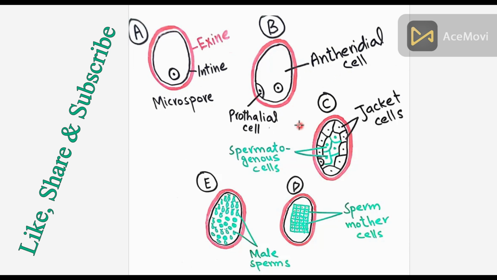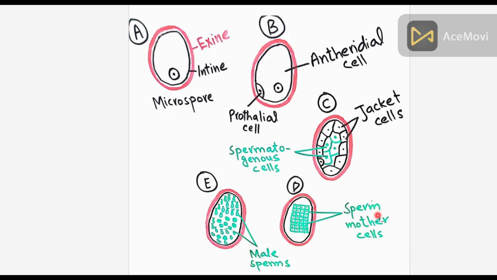The antheridial cell undergoes further divisions and produces 8 jacket cells and 4 primary spermatogenous cells, which undergo 6 successive divisions to produce 128 to 256 sperm mother cells.